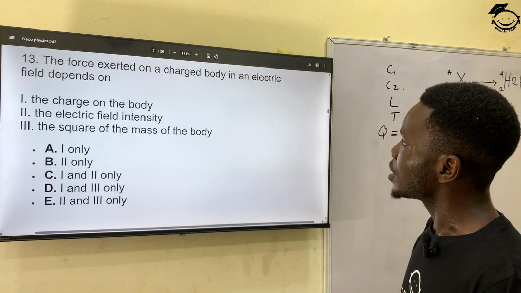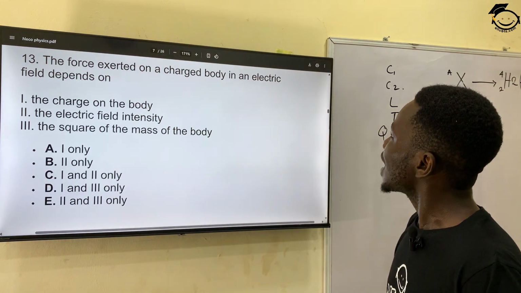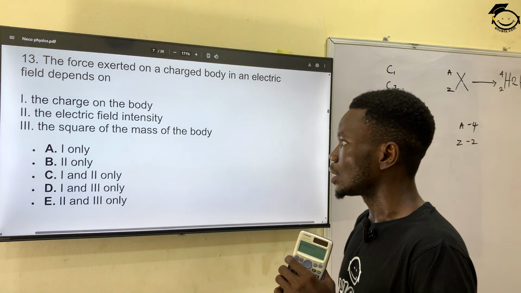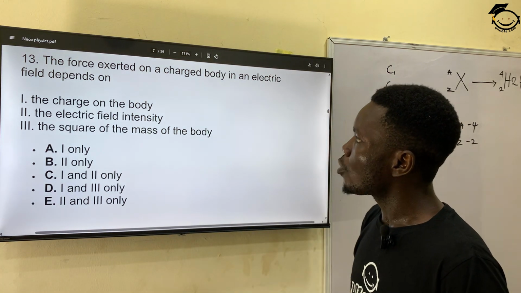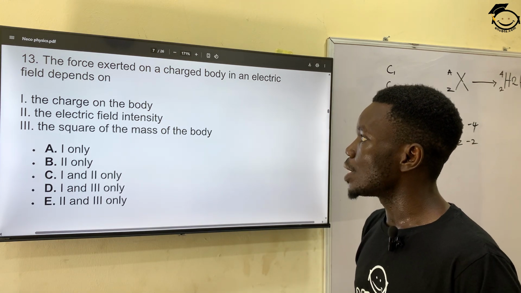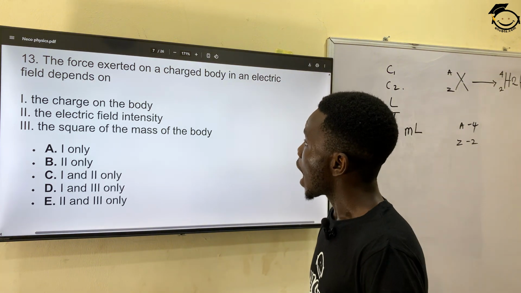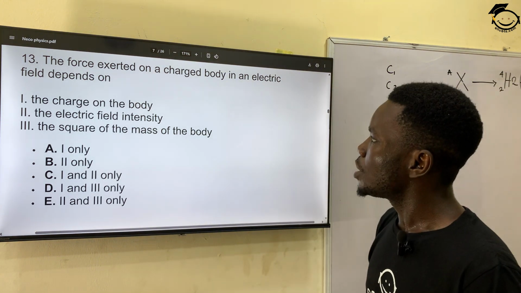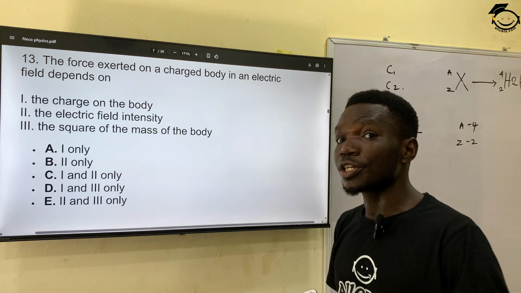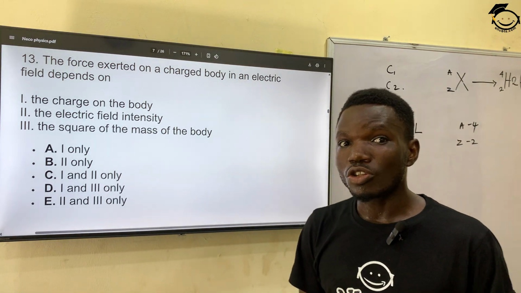Question number 13 says, the force exerted on a charged body in an electric field depends on dash. Roman figure 1 says it depends on the charge on the body. Roman figure 2 says it depends on the electric field intensity. Roman figure 3 says it depends on the square of the mass of the body. In an electric field, the mass of the body is not considered.